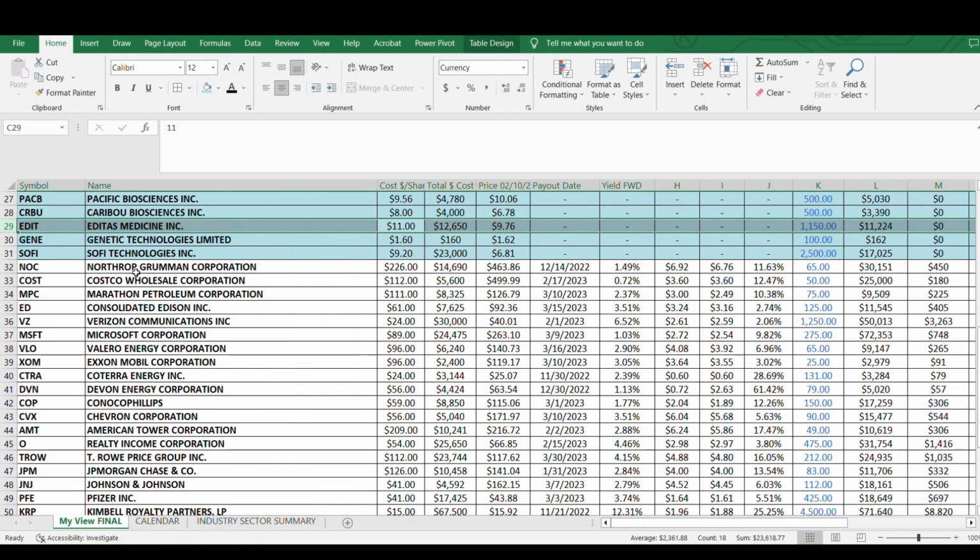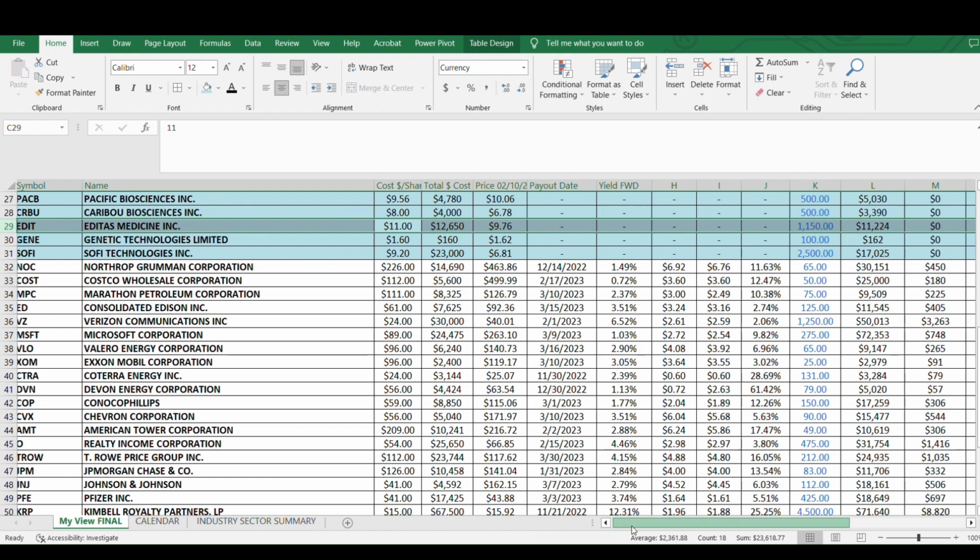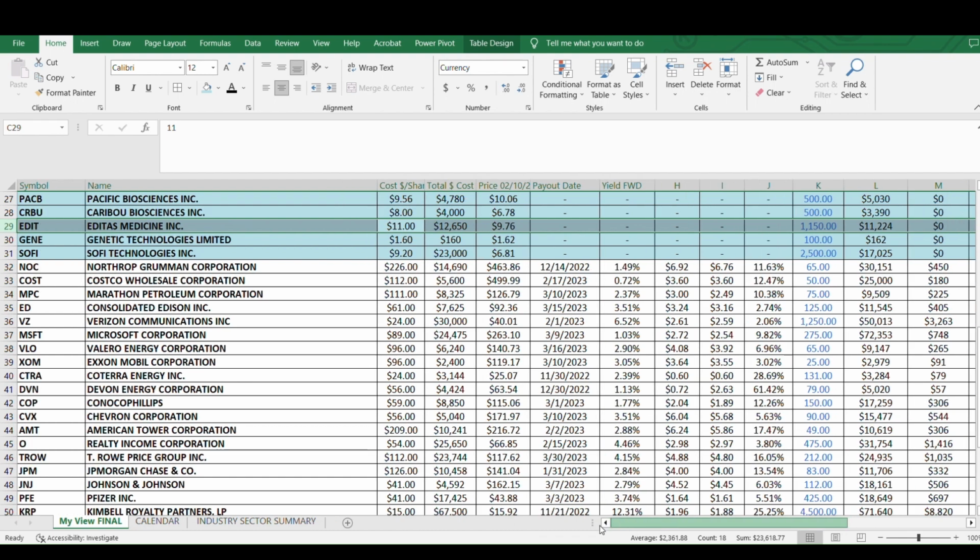So he's losing in Edison. These are unrealized because he hasn't sold these. Edison is one of those companies, and we'll talk more about this later, that's involved in gene editing and genome resequencing. A lot of folks think that gene editing is going to be the next big thing.